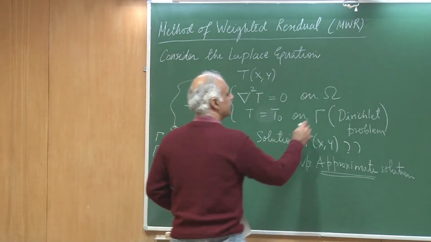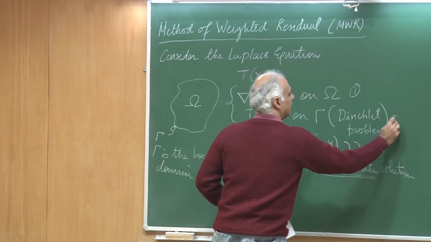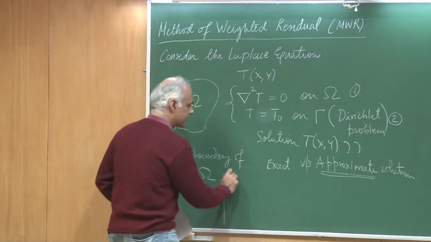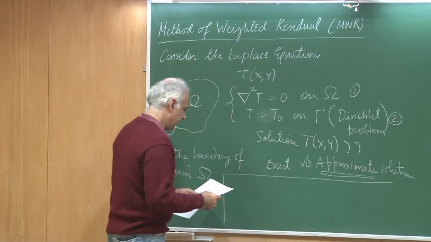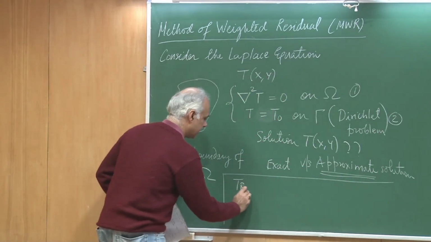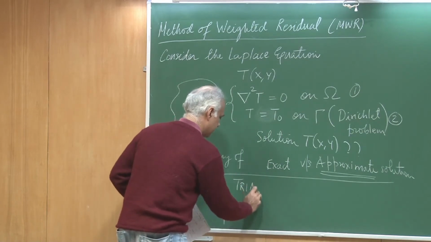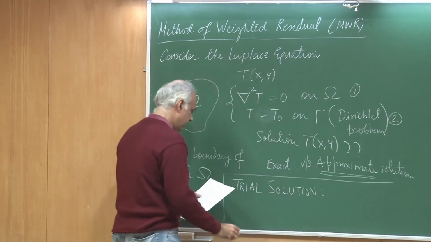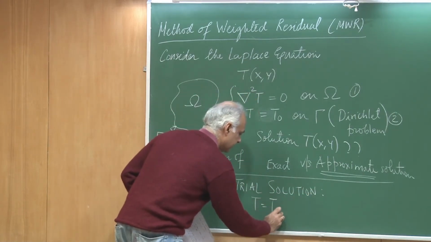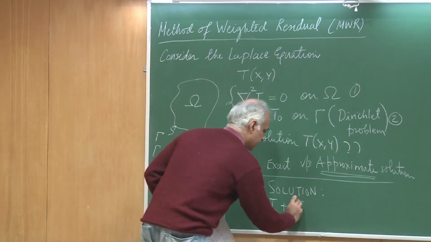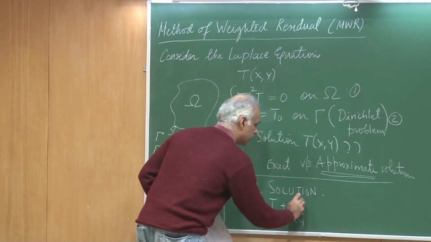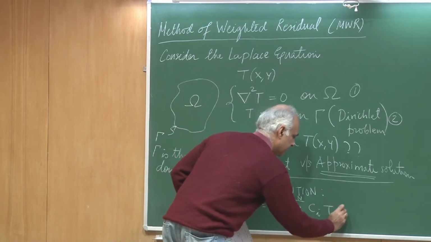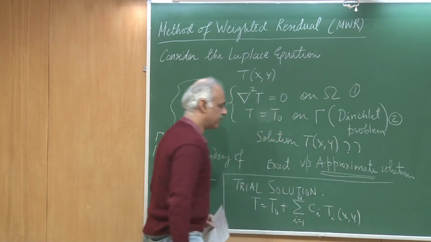So let us number these equations. I will call this equation 1 and this equation 2, and what I am now going to propose is that there be a trial solution, given as T is equal to T0 plus the summation over i going from 1 to capital N of Ci Ti, which are functions of x and y.